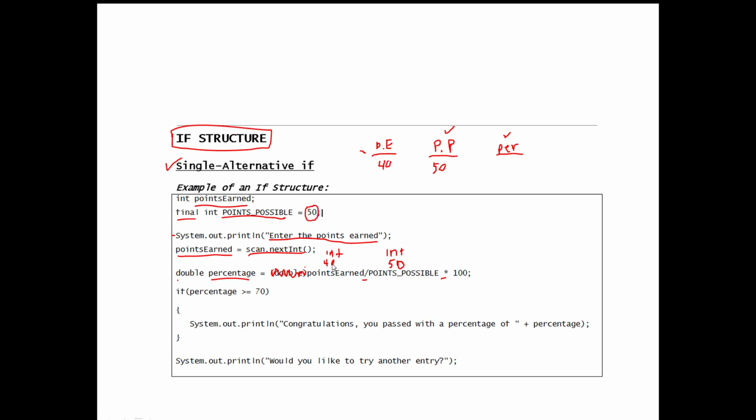So if we were to do this in the calculator, 40 divided by 50, you get 0.8. But we said that the answer has to be an int, and so Java will look at this division calculation and say, okay, we're going to take this decimal and cut it off, and it's called truncate, if you remember.